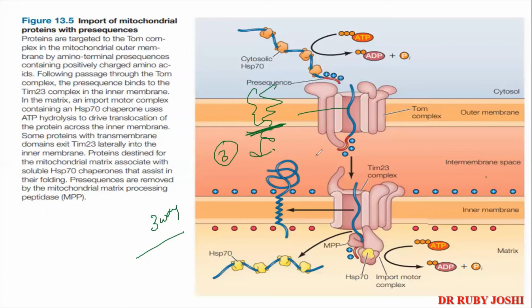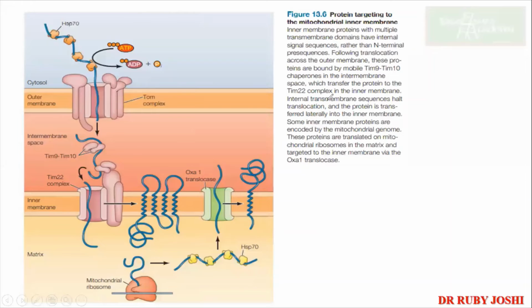Okay. Let's see if I have the figure or not. So this is for the inner membrane. As you can see, again HSP70 is there, ATP hydrolysis will happen, TOM, it will come here, right? Then for integral membrane proteins, you have the TIM22 complex.